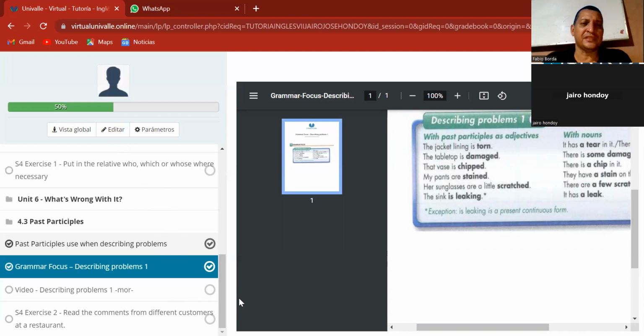For this reason, I recommend that you go to the platform and do your best to prepare for your exam in the last session, session number 7. Try to do the exercises on time because the platform closes very early. Okay, teacher.